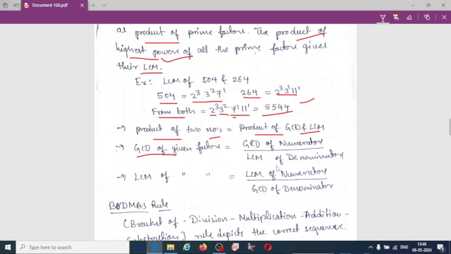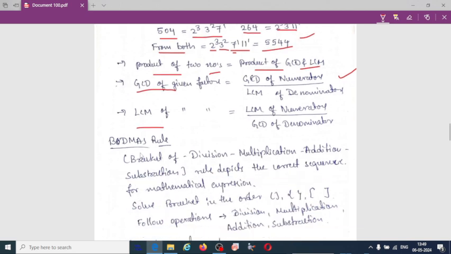The GCD of the numerators to the LCM of the denominators. The LCM formula for fractions: LCM of the numerators to the GCD of the denominators. If the numbers are in the form of fractions, then you can solve like this.